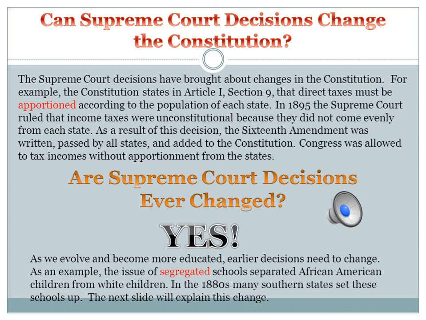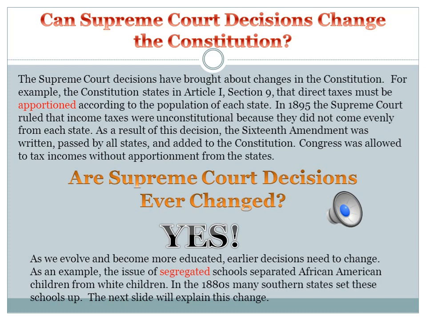For example, the Constitution states in Article 1, Section 9, that direct taxes must be apportioned according to the population of each state. What does that mean? Well, it means they should be given out and divided perfectly among the states. So basically our government was taxing each state according to the population.